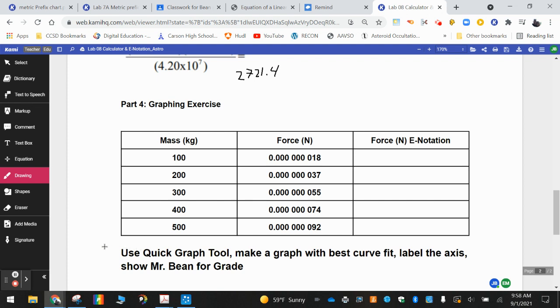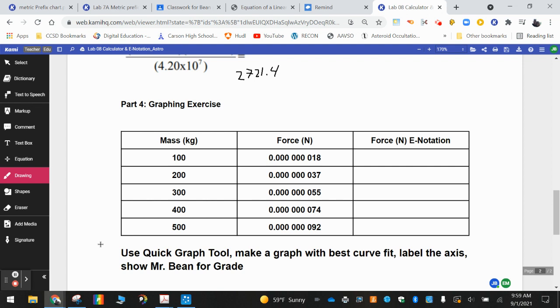Directions: use quick graph tool, make a graph with best curve fit, label the x-axis, and then show me for the grade in class today. I'll come by, and when you show me your graph, that means you're done, and I'll give you real-time feedback.